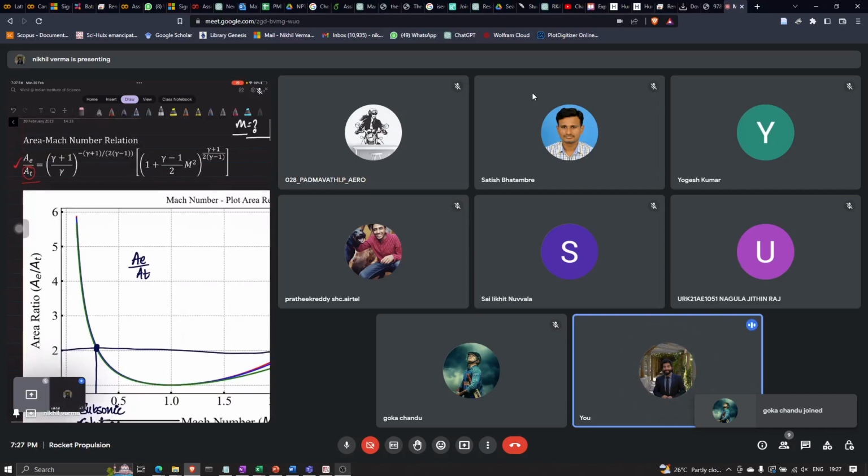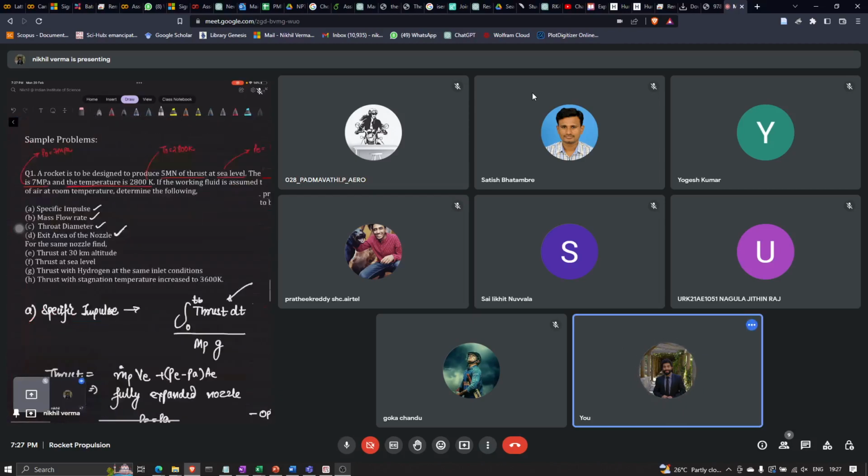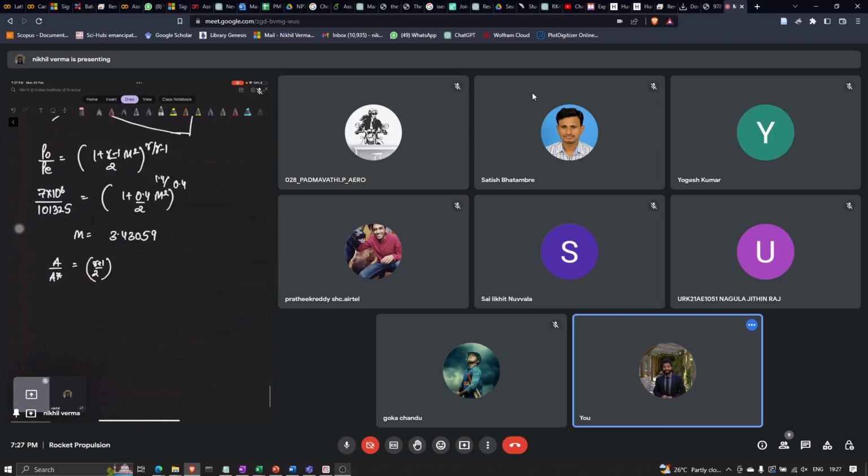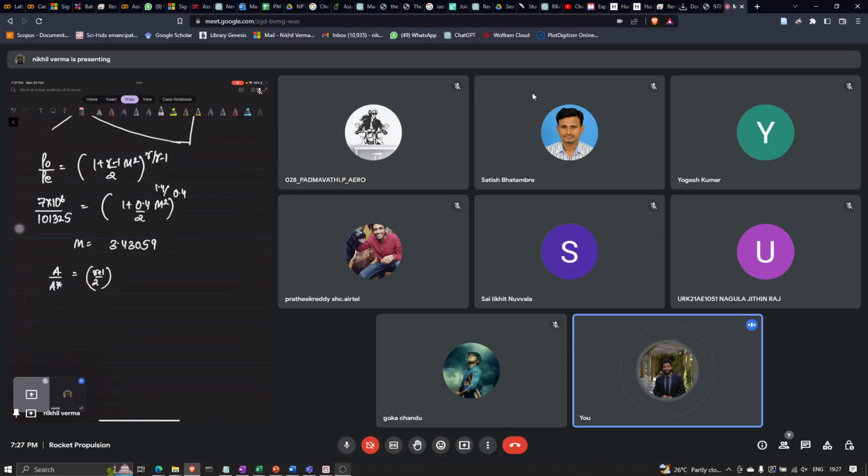Okay, so you have this relation. So we calculate A by A star as 1 by M, 2 by gamma plus 1, into 1 plus gamma minus 1 by 2 M square, to the power gamma plus 1 divided by 2 into gamma minus 1, right?